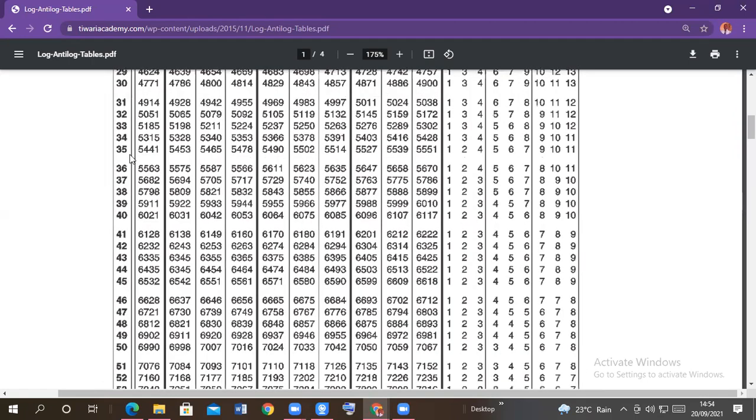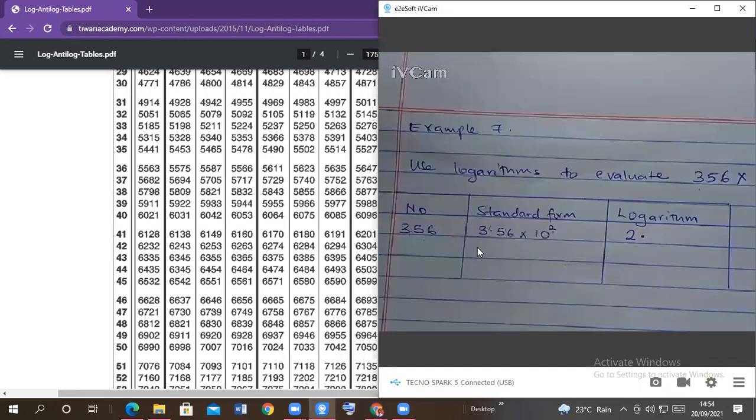First of all, we shall look for 35, this one which is here. Why am I saying 35? Because we are looking for 3.56. You should know that there is a point in between these numbers, though the point is not there. So it is 3.5, 3.6, 3.7, 3.8.